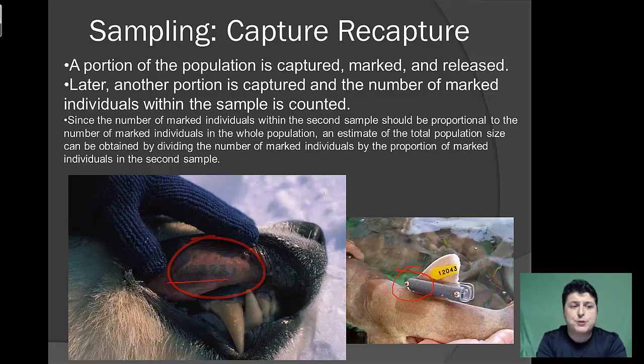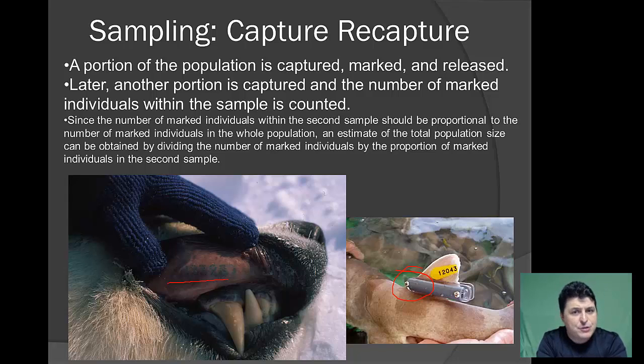Later, another portion of that population will be recaptured, and the number of marked individuals within that sample will be counted. Since the number of marked individuals in the second sample should be proportional to the number of marked individuals in the whole population, we can estimate the total population size by dividing the number of marked individuals by the proportion of marked individuals that we got in our second sample.